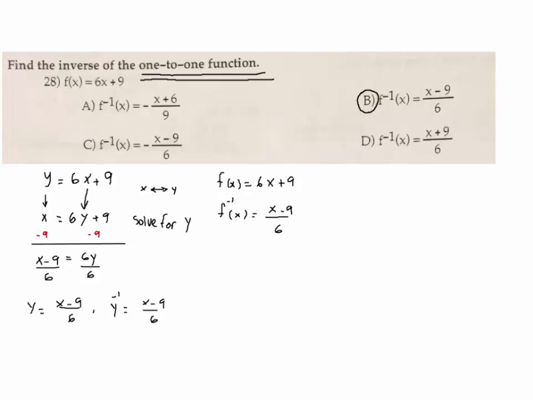What's the relationship between one-to-one and inverse? Anybody remember that or know that? No. Okay. So if 2 functions are inverse of each other, then that means those are one-to-one functions.